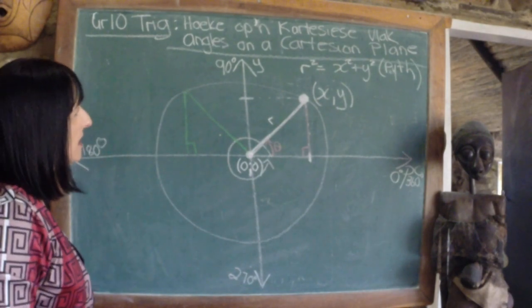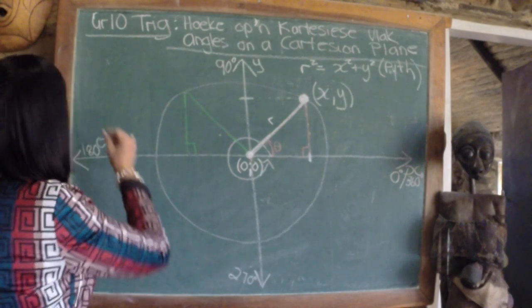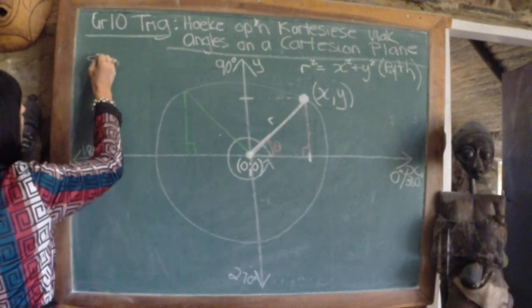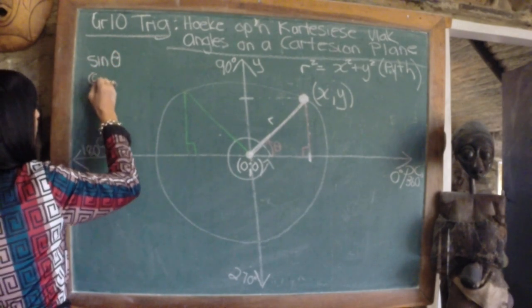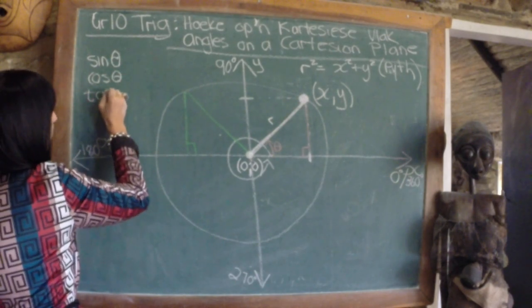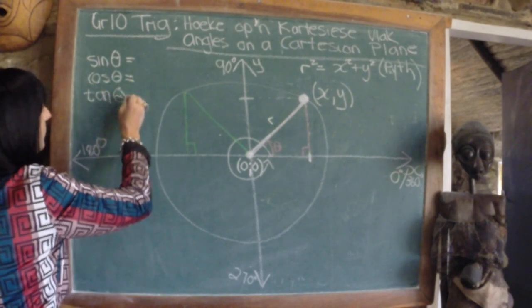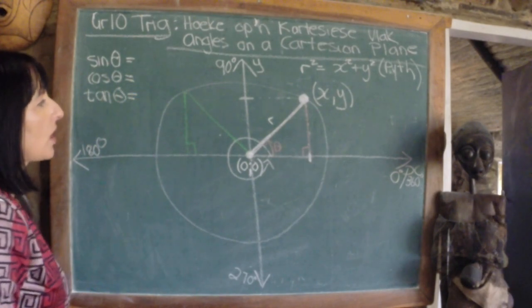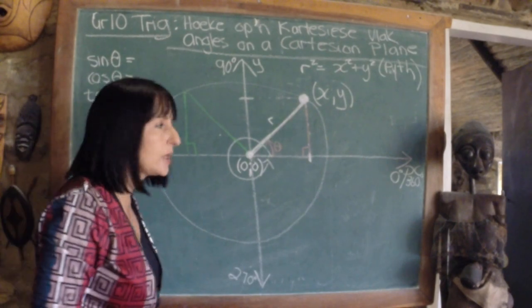Okay, so let's quickly go to our trigonometry ratios. So as ons gaan kyk na ons trig, sin van theta, cos van theta en die tan van theta. Let's revise that quickly. Ons weet dat die sin van theta is oorstaande op skuinssy. We know that, it's learning work.